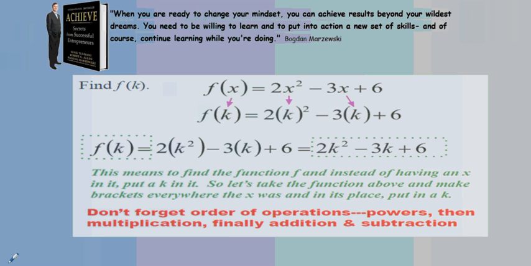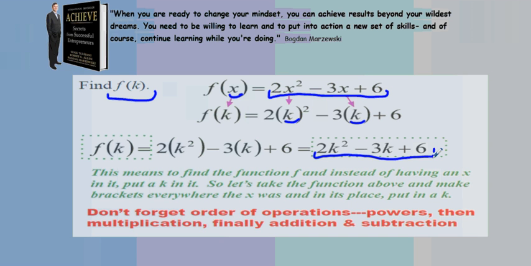A more general statement: find a value of function f when x is equal to k. By analogy from the previous slide, all you do is replace x with k everywhere in the formula. Obviously, if you compare this statement with the one above, you see that this represents the same type of function.